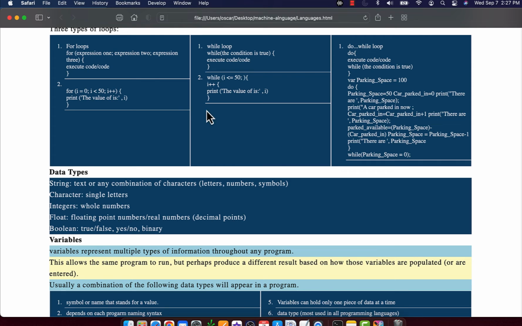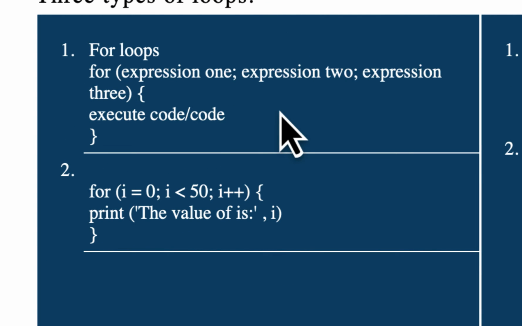For example, again, all the languages have the same thing. We have the for loop, which most languages have. They have expression 1, expression 2, expression 3. Expression 1 is the set of a start, and expression 2 compares, making sure the condition holds for the instructions that you want to continue.